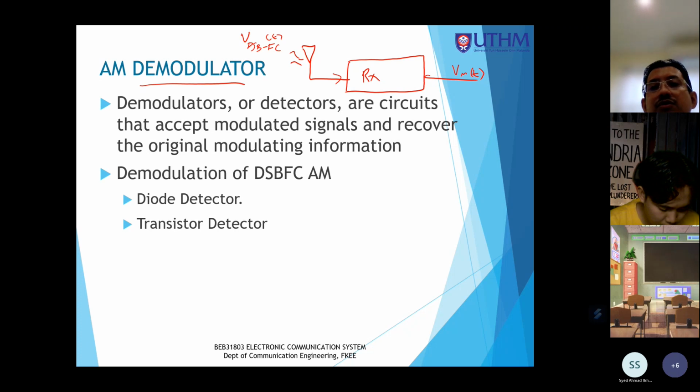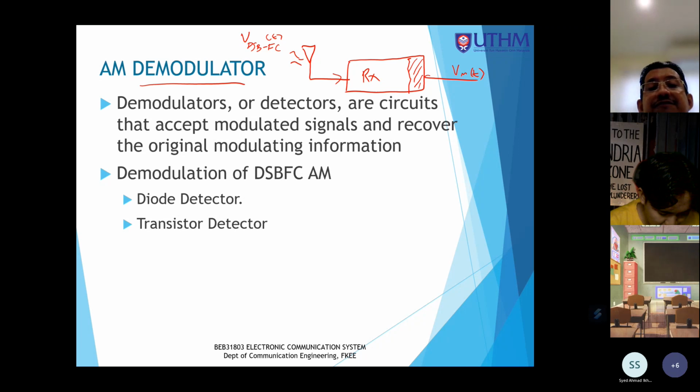Okay, so tugas demodulator kalau you lihat dia berada pada bahagian akhir. Biasanya dia berada pada bahagian akhir receiver. Kalau tadi modulator dia berada somewhere in the middle, yang mana selepas modulator ada filter, ada amplifier dan sebagainya.